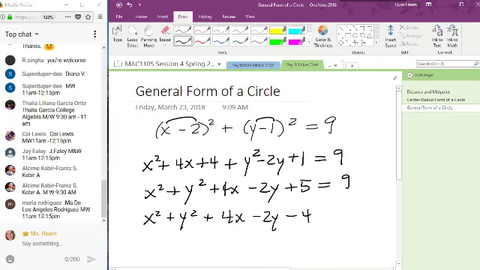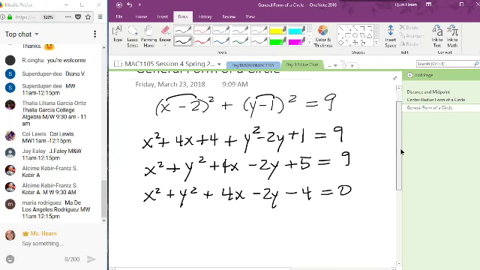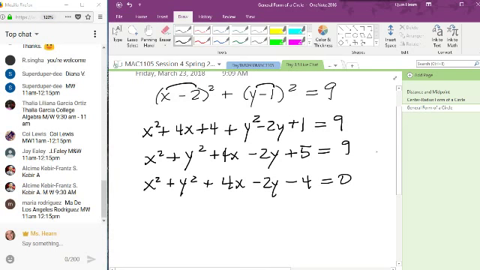All right, so if you got an equation in this format, you would also know that this is going to be the graph of a circle. It has to fit the pattern of x squared plus y squared plus dx plus ey plus f equals 0, where these are any real numbers.